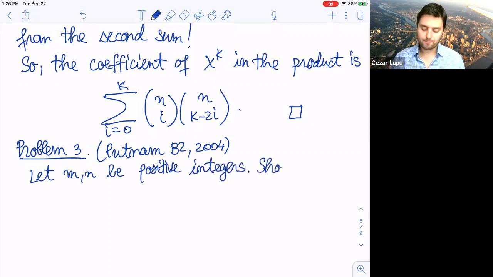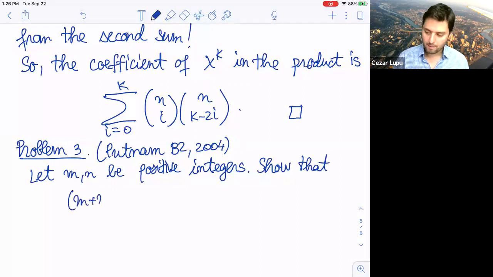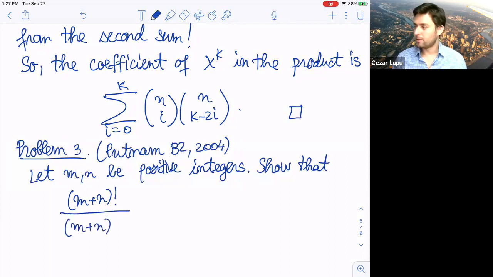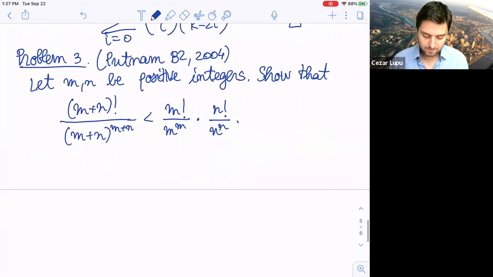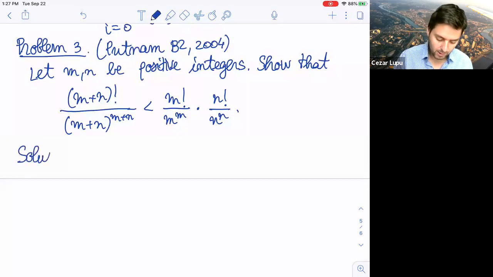Show that (m plus n) factorial over (m plus n) to the power m plus n is less than m factorial over m to the power m times n factorial over n to the power n. Well, look at it. I want you to look at it for a bit.